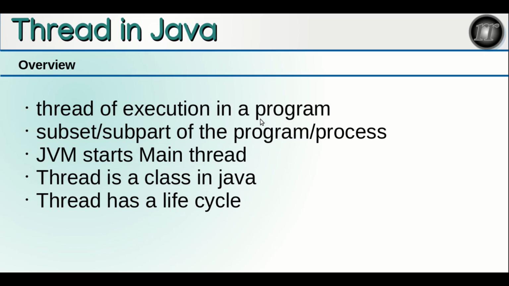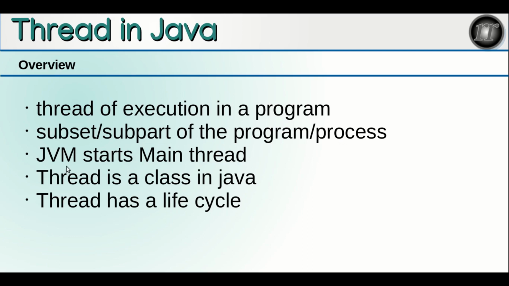A thread is also a part of a process, or a subset or sub part of the program or process. If you start a program, there could be multiple threads running behind it.